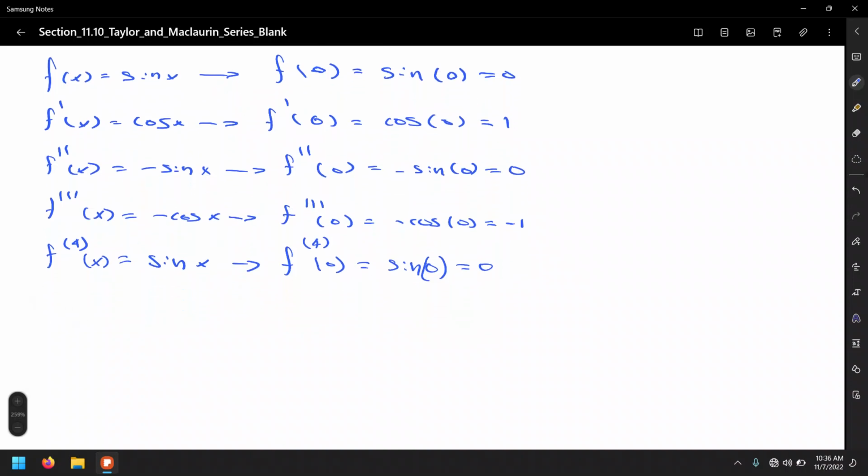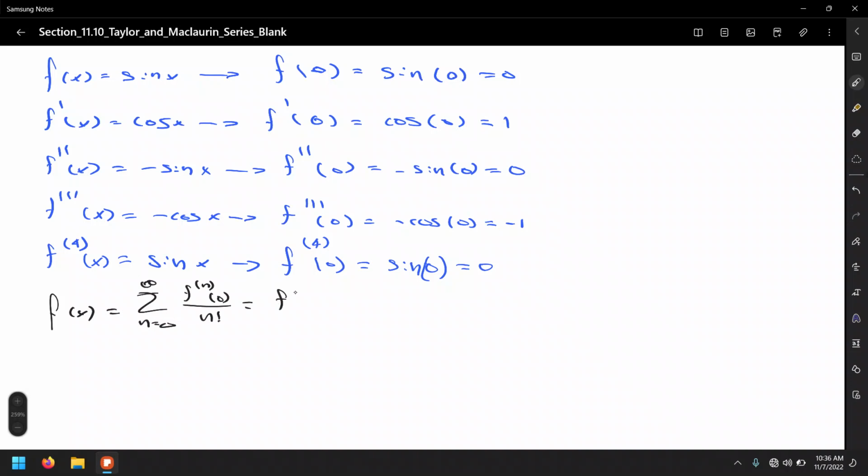And well, so let's write down the power series. So f of x equals sigma n equals 0 to infinity, f sub n of 0 over n factorial.